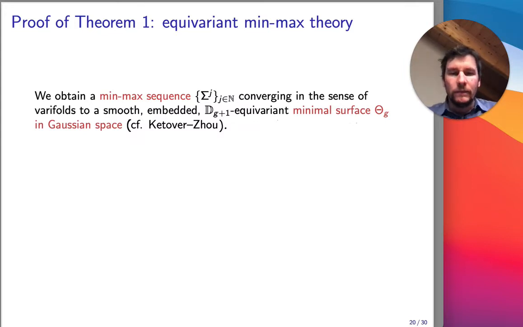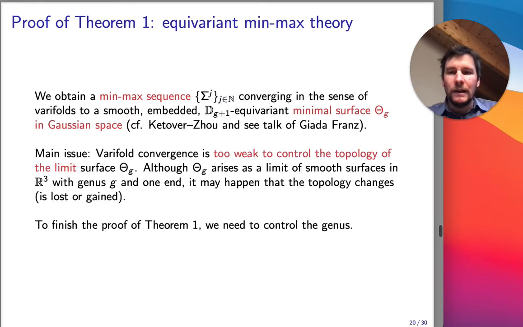Now, what is the problem? Why have we not fully finished our proof yet? Well, because we have only this varifold convergence. And this varifold convergence is very weak. And it's in particular too weak to control the topology of the limit. And all kinds of things could go wrong in varifold convergence.